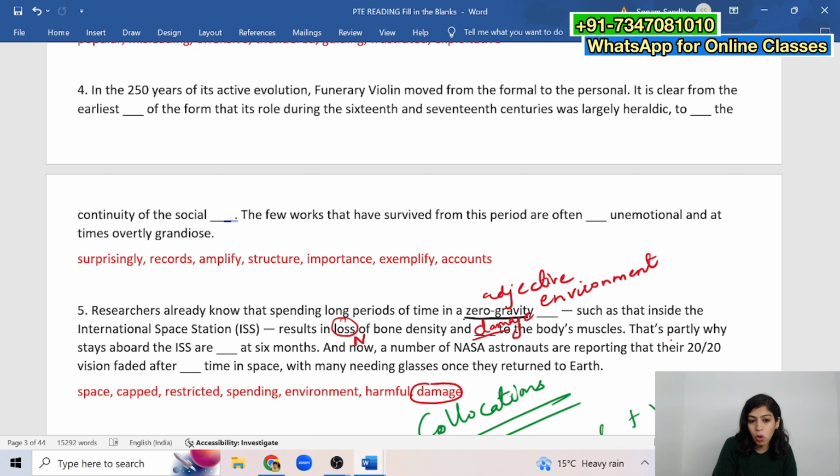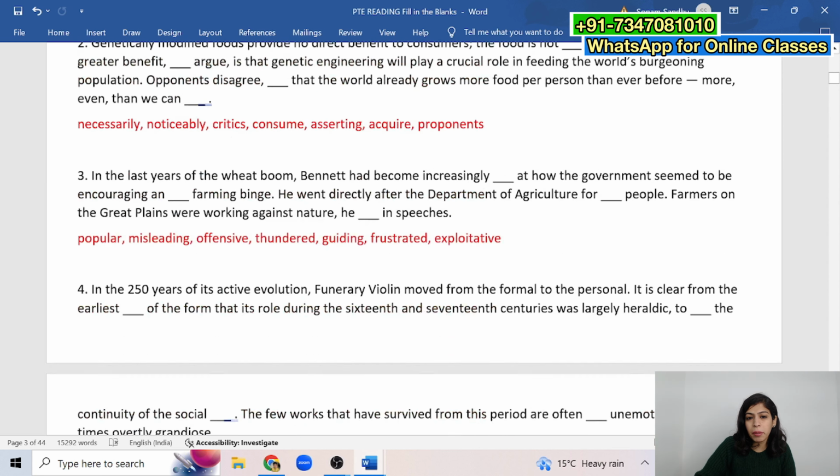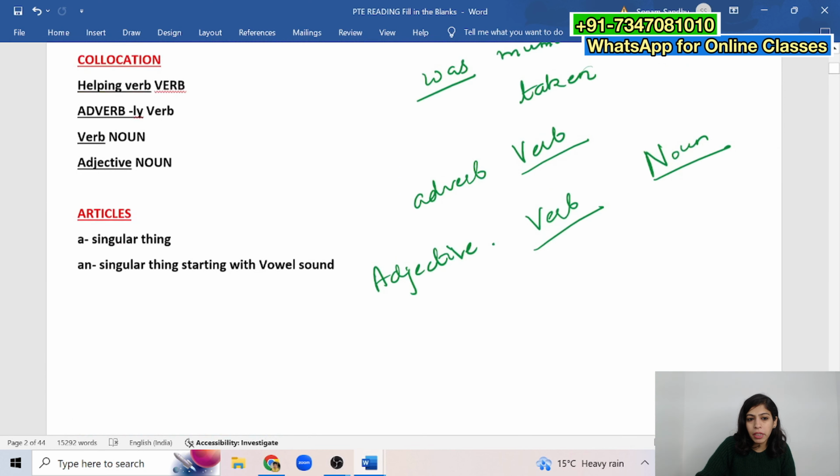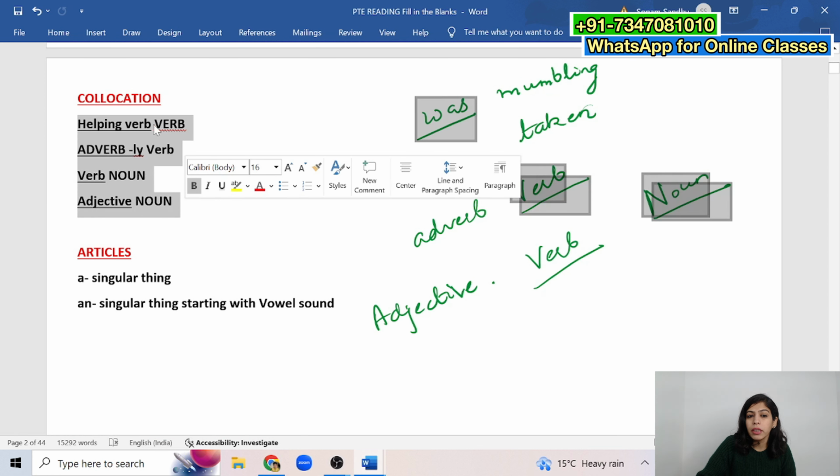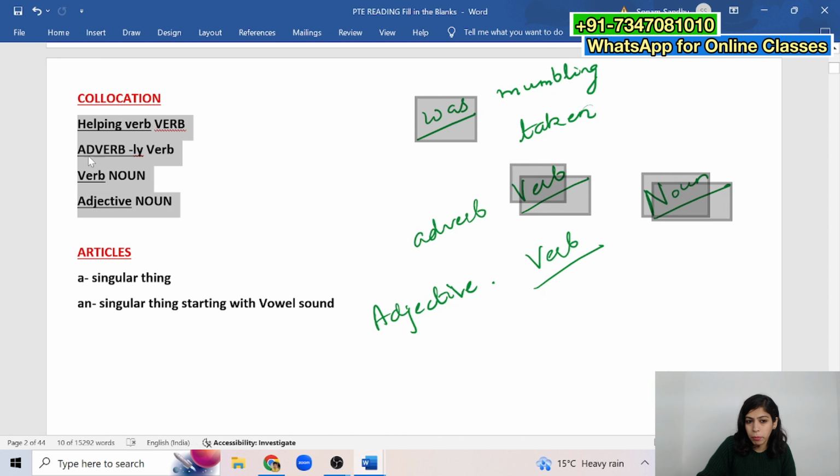Now, ISSR what? Are, helping verb. What comes after helping verb? I have clearly mentioned in the beginning. Okay. After helping verb, you are going to get a verb. So please take care of this thing. This is very important thing. Helping verb. After helping verb comes verb. After adverb comes verb. After verb comes noun. After adjective comes.